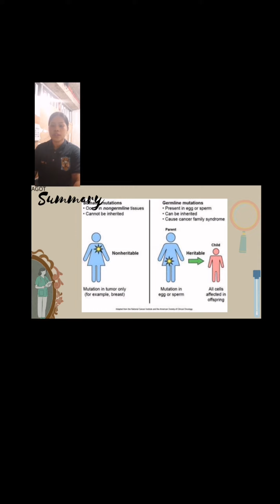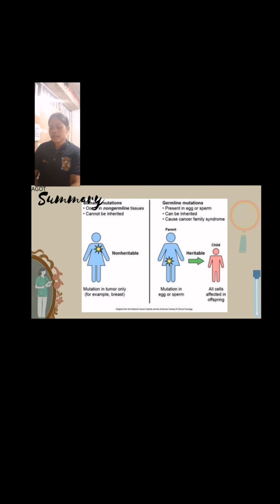It occurs in non-germline tissues and it cannot be inherited since only the patient is cured in this therapy, while germline mutations are present in egg or sperm and can be inherited since the eggs and sperm are mutated and transferred to the child.